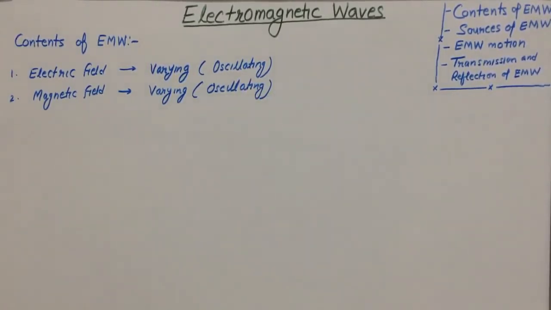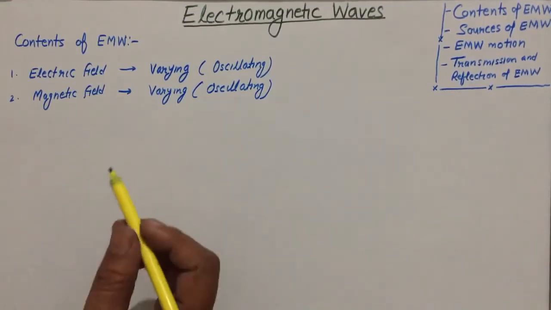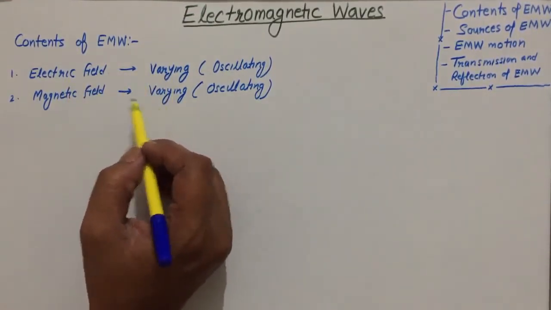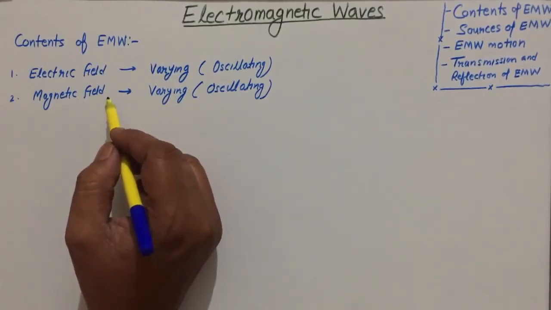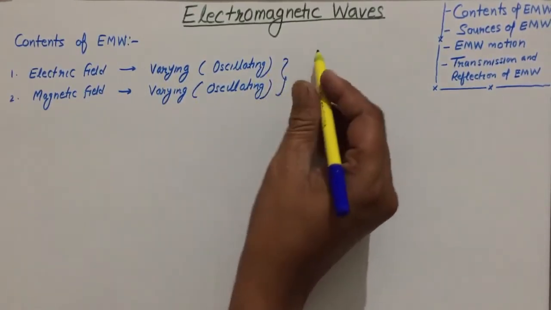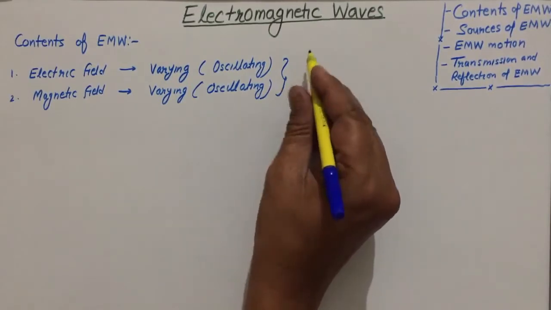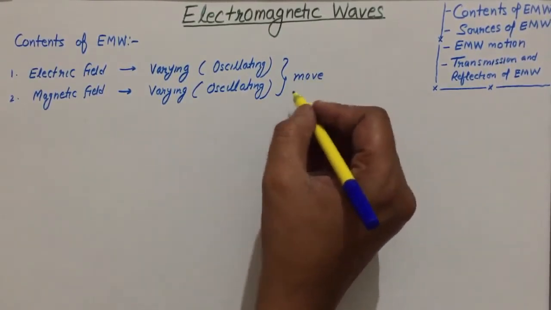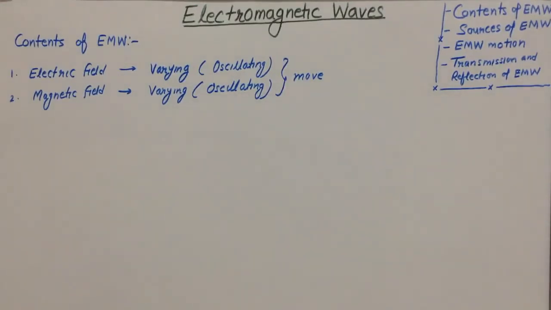Okay, so these two varying electric and varying magnetic fields move together and they generate the electromagnetic waves.